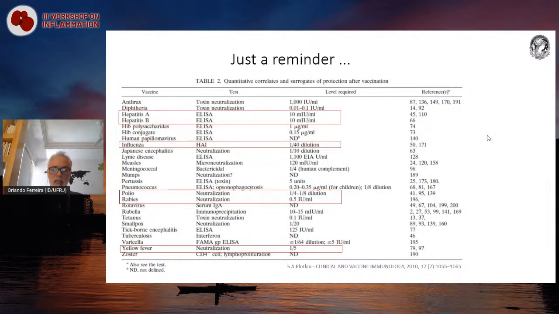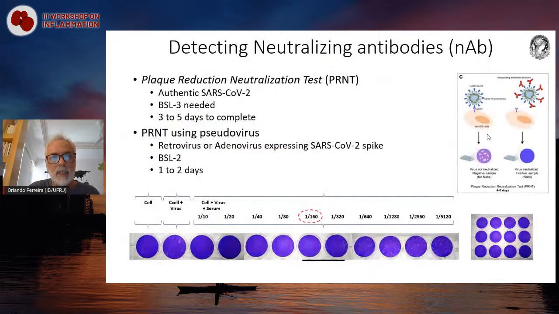If you have an assay that can measure if the individual was immunized and the level of immunization that we reach is correlated with protection, I think we can rely on the measurement of the antibody in the patient's serum to associate with protection from symptomatic infection, at least. That's what the paper said.